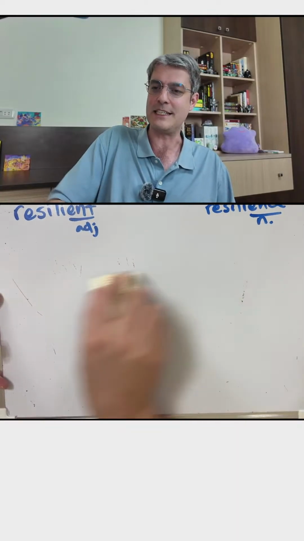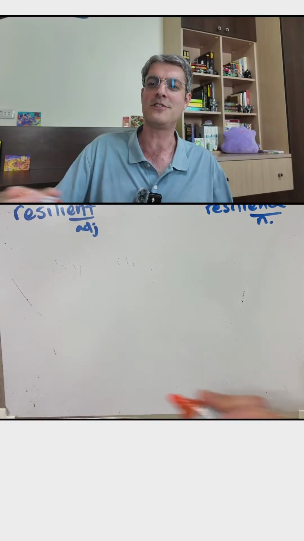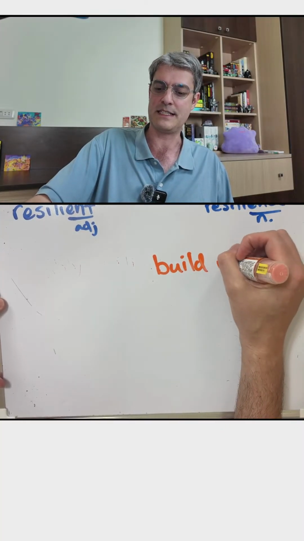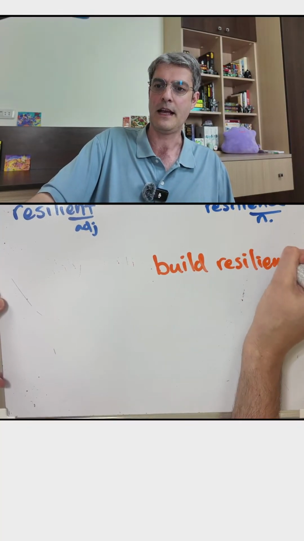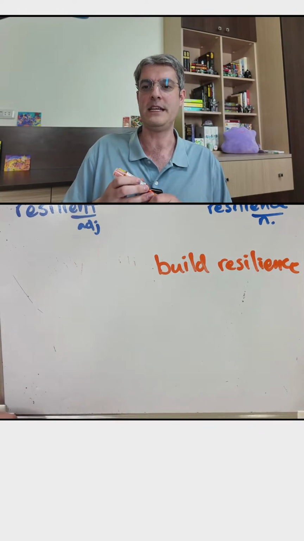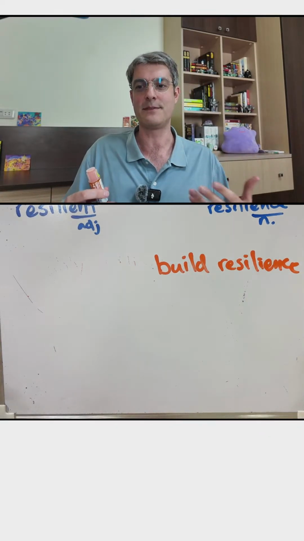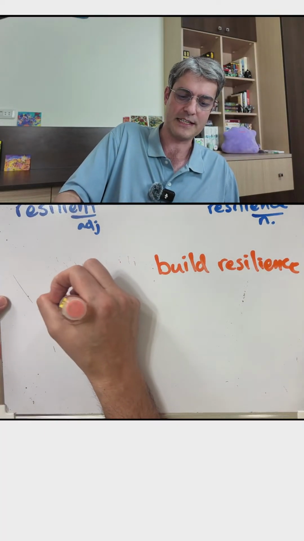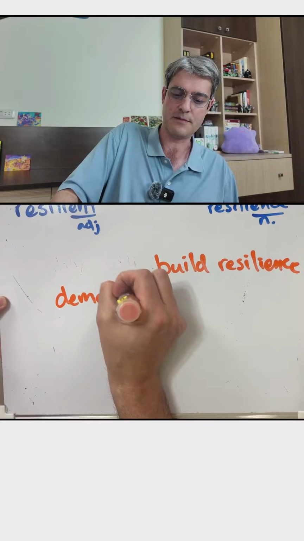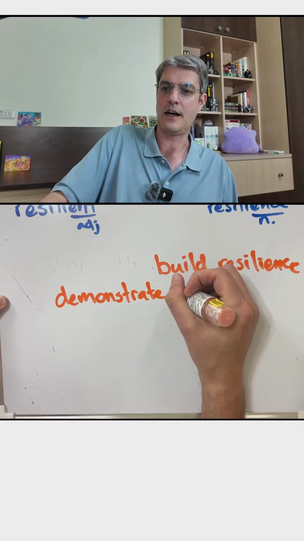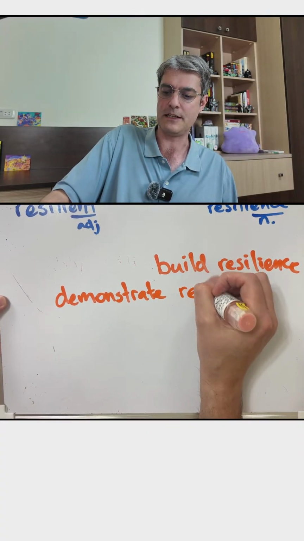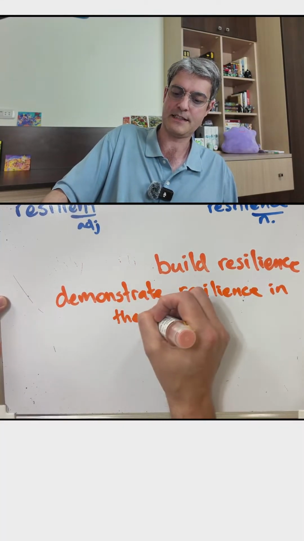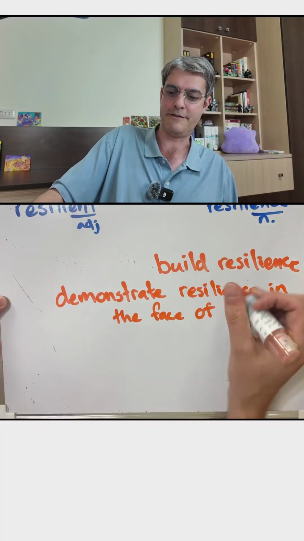And when we're talking about resilience, I'm going to do two special collocations here. We talk about build resilience. And so this would be to be able to adapt better than you did before, to build your resilience. And a good expression is to demonstrate or show resilience in the face of adversity.